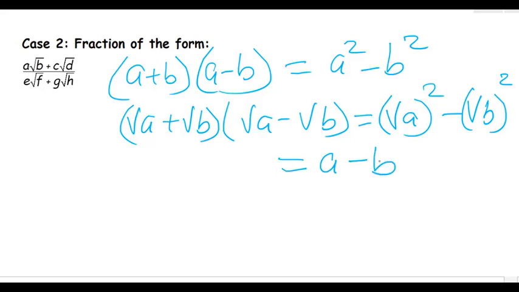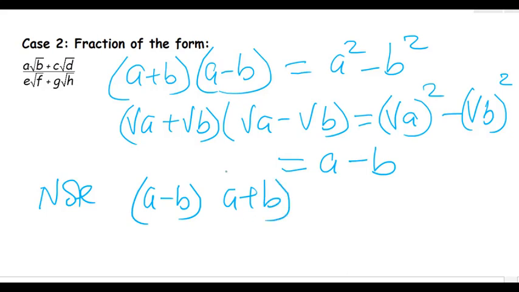That is the idea we are going to use to remove the surds from the denominators. By taking the different values of a, c, e and g, we have the following examples. Note, for a minus b into a plus b, we refer to a minus b as a conjugate of a plus b, and a plus b is therefore a conjugate of a minus b.